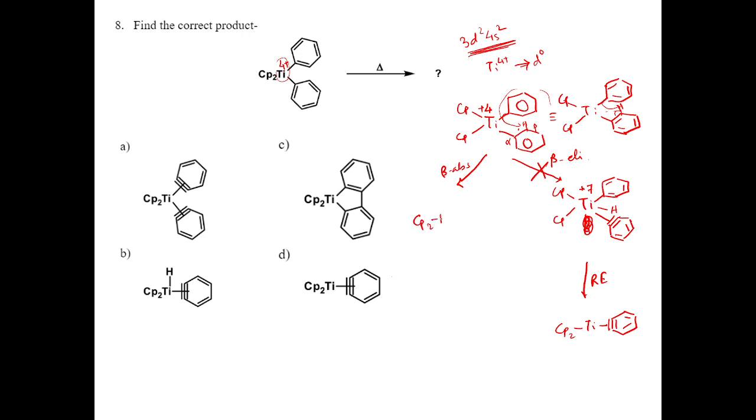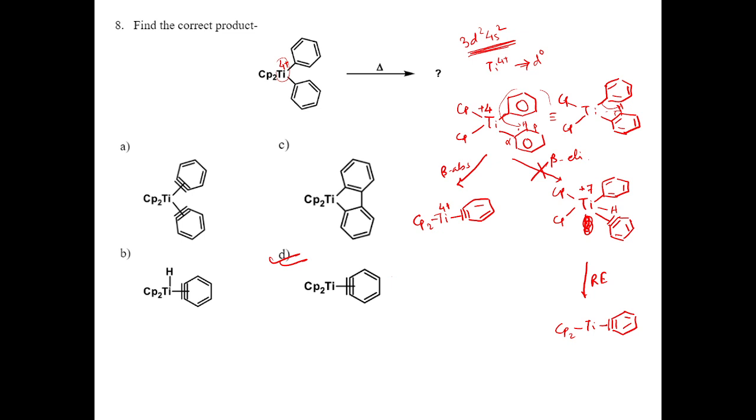Cp2Ti, this thing will be present. Now if you count it, it is +4 only. So the product is the same, but the path is different. Here it is happening through the beta abstraction reaction, not through the beta elimination reaction.